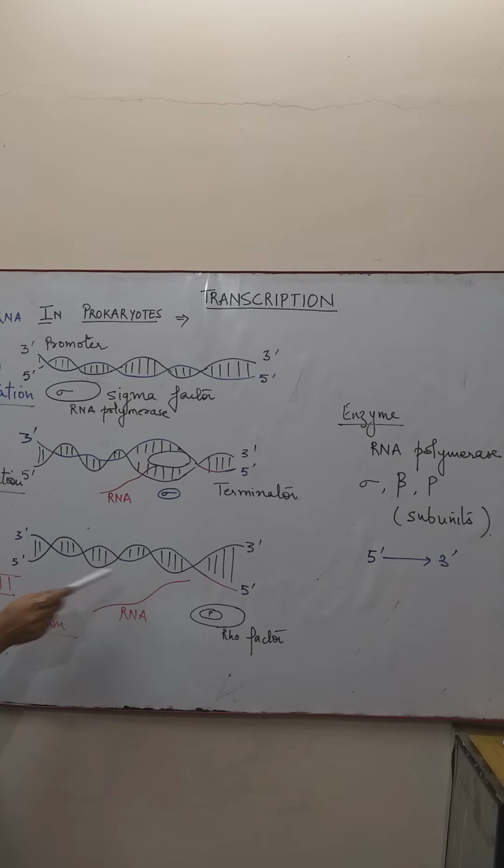As a result, the RNA is being produced because the template strand codes for the RNA synthesis, which determines the type of RNA that will be produced. And when the RNA polymerase reaches the terminator end, the polymerase enzyme binds itself to the rho factor transiently and attaches to the DNA, which eventually causes the stopping of the transcription process in the case of prokaryotes.